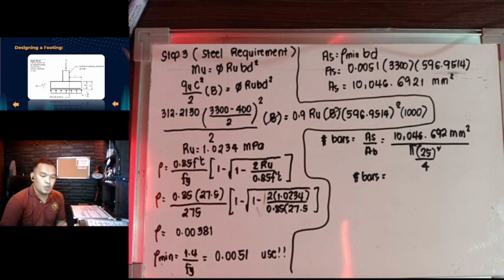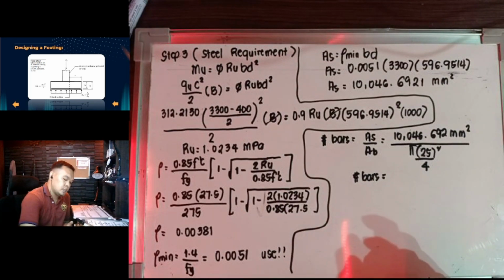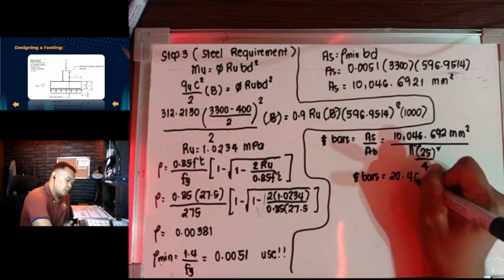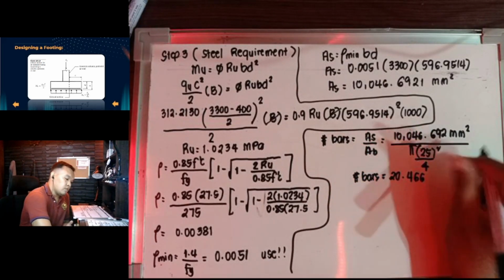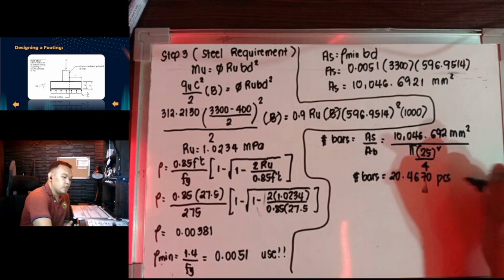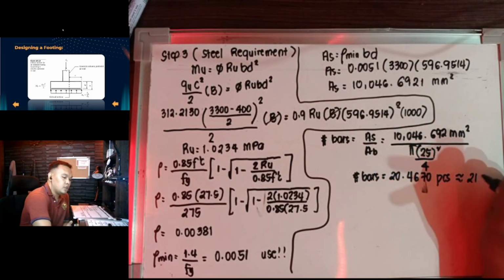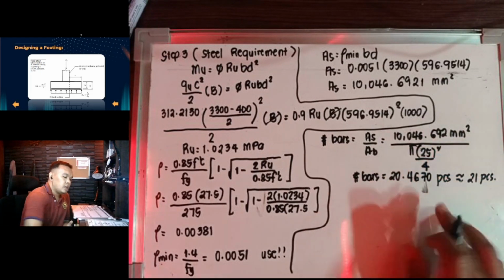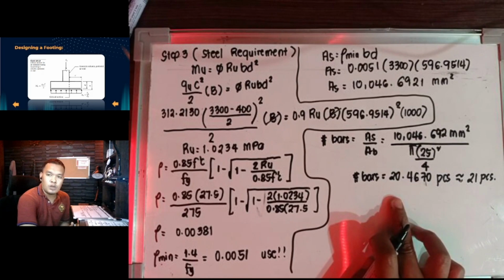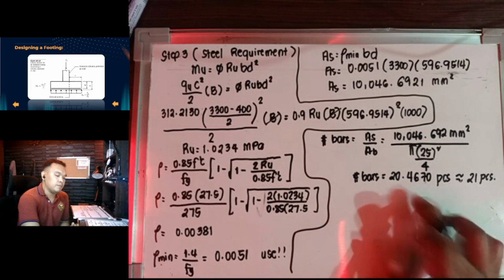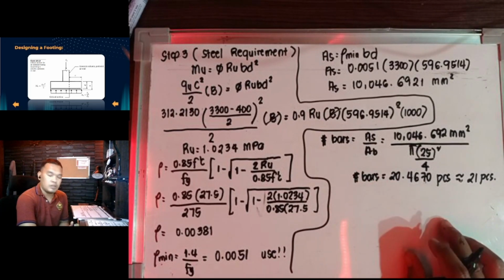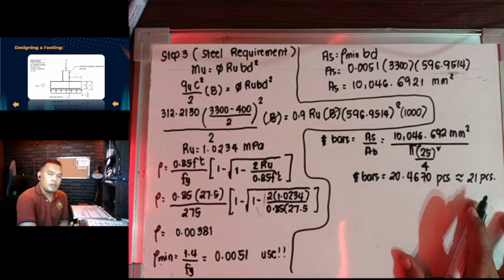So we have 20.467, say 21 pieces. We don't round down for the number of bars, we round up, because rounding down means the area will be insufficient. So we round up all the time.